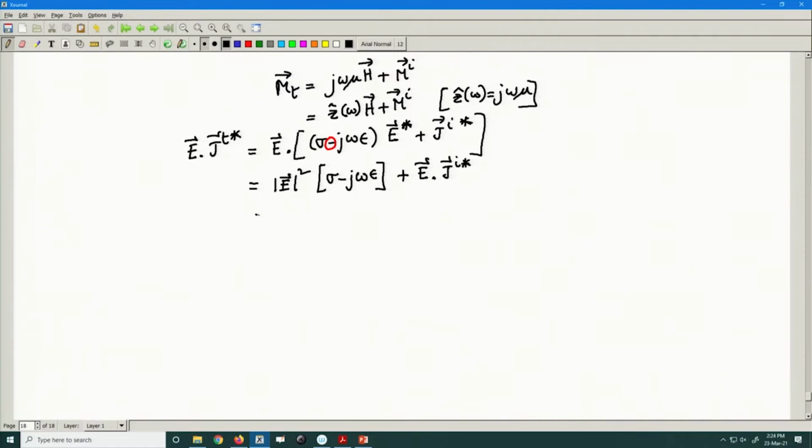And that is equal to sigma mod E square minus j omega epsilon mod E square plus E dot J I star.